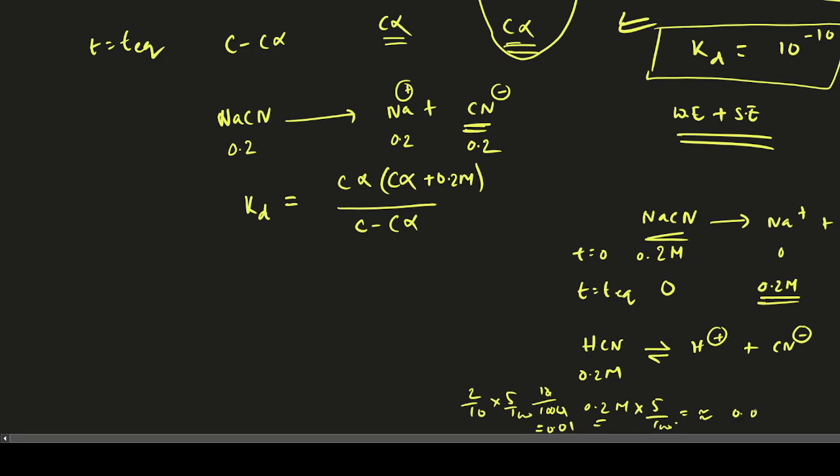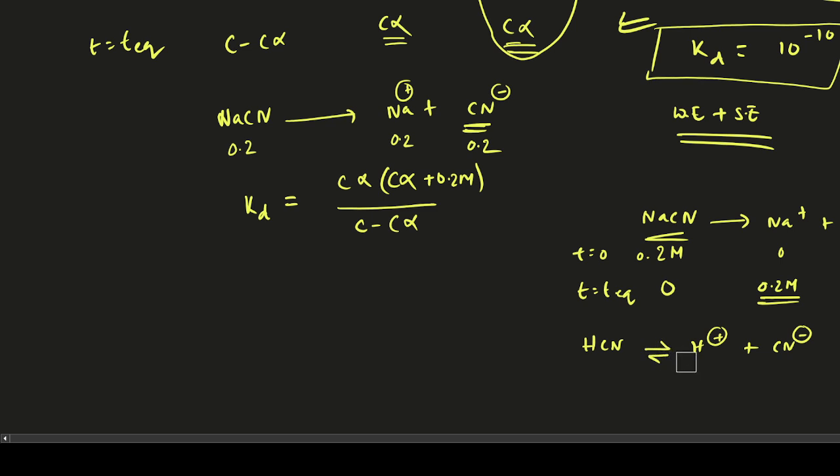So this is 0.01, and compared to 0.2, 0.01 is a very small value. So this value is very small compared to 0.2, or 5%, or even less than 5%. It dissociates very little, so whenever you say that 5% of it will dissociate, it is because this is a weak electrolyte.